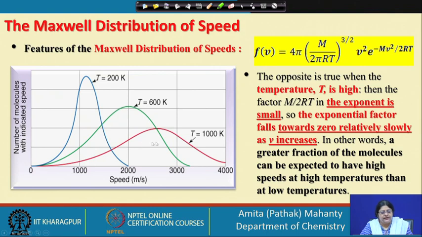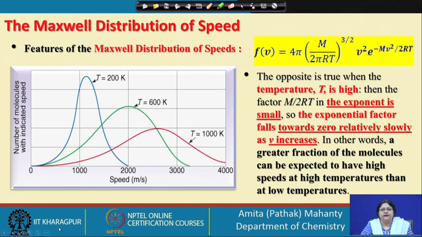So, you have a wider distribution in speed. Understood? So, in other words, a greater fraction of molecules can be expected to have higher speed at higher temperature than at lower temperatures. Did you understand?